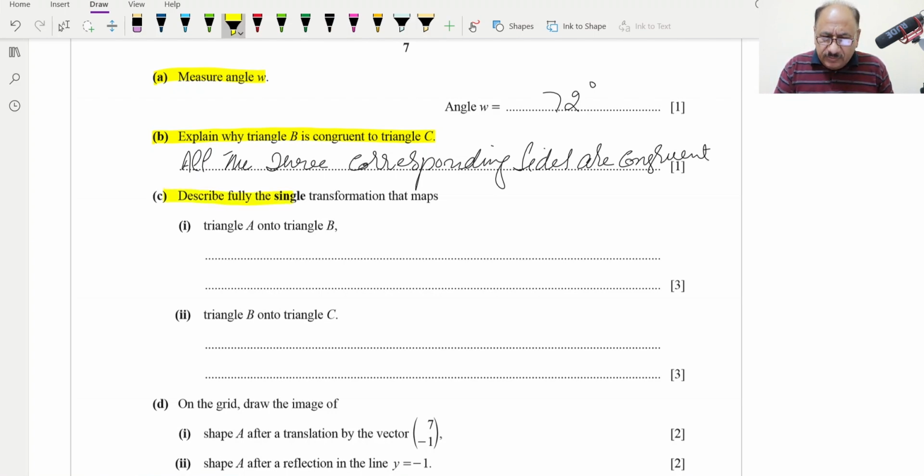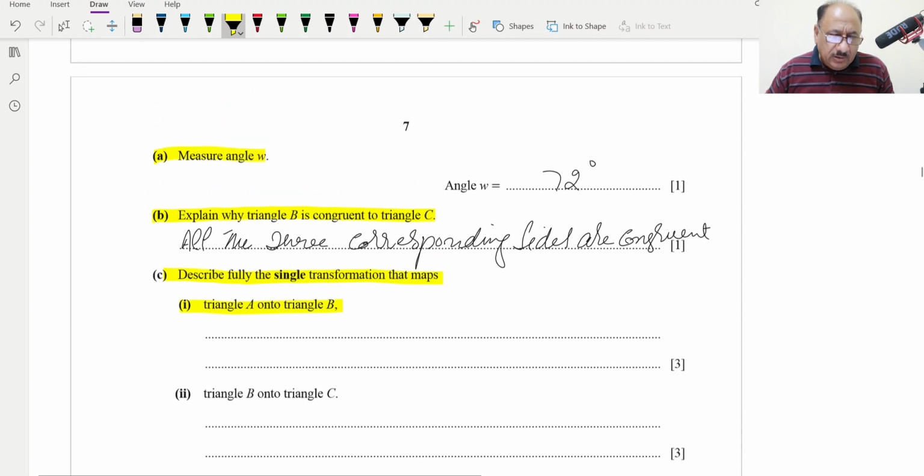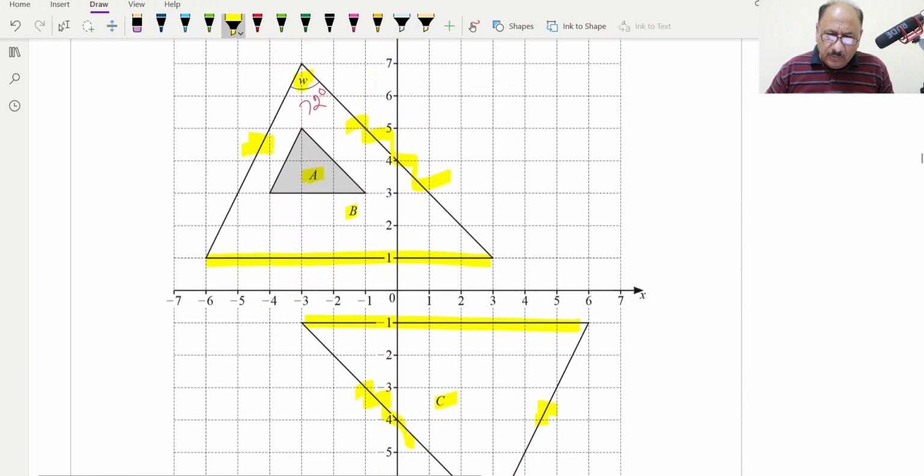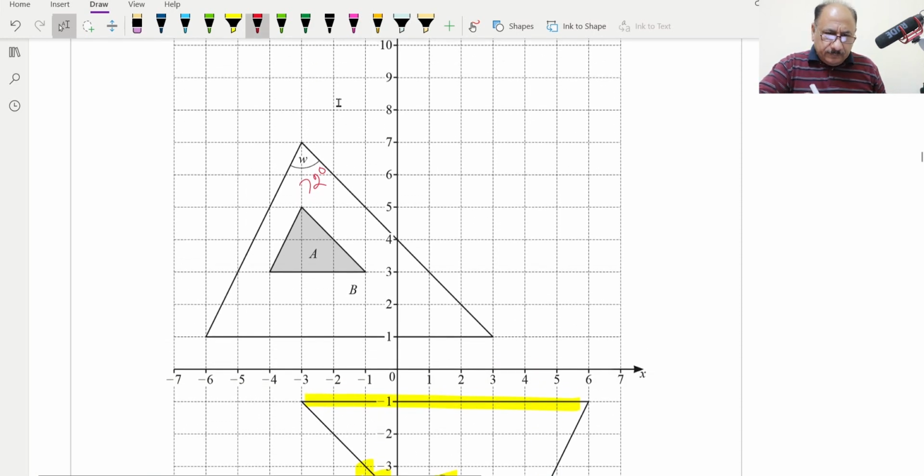Then describe fully the single transformation that maps triangle A onto B. A is this one. So A onto B will be an enlargement. What we will do is draw lines.